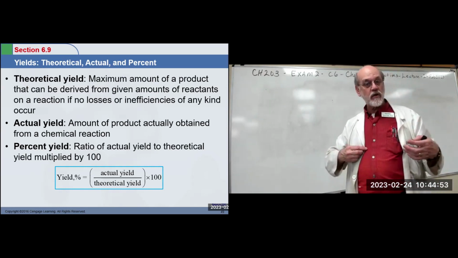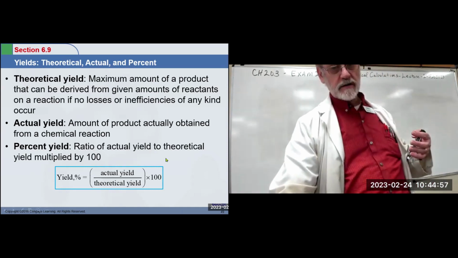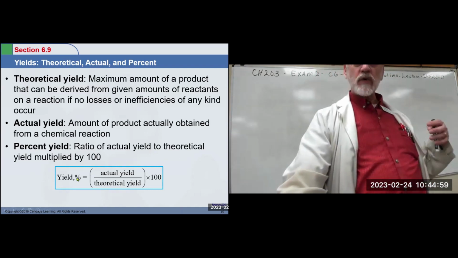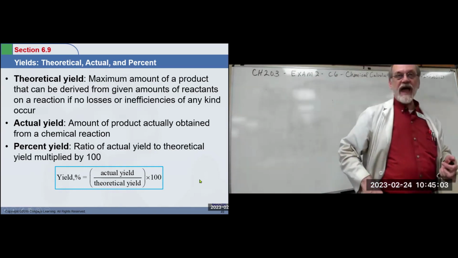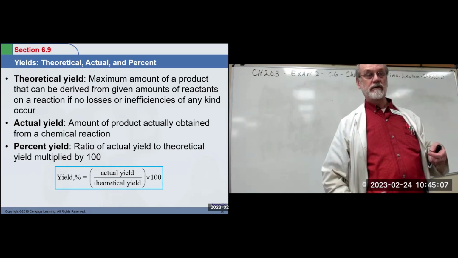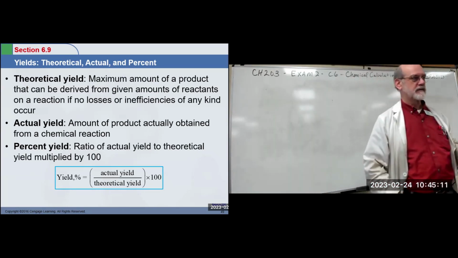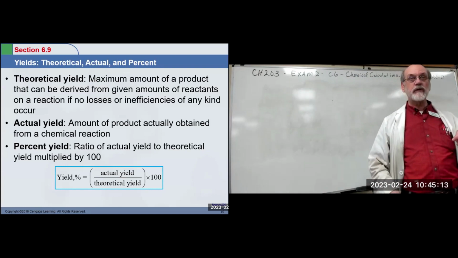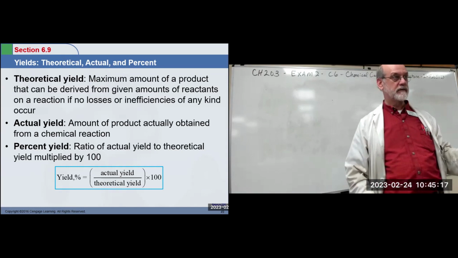So if we ratio the actual yield to the theoretical yield in this equation, multiply by 100, we get a percent yield. Some reactions, if you can get 15% yield, that's good. In fact, that was Fritz Haber's outcome, converting nitrogen with hydrogen to make ammonia.